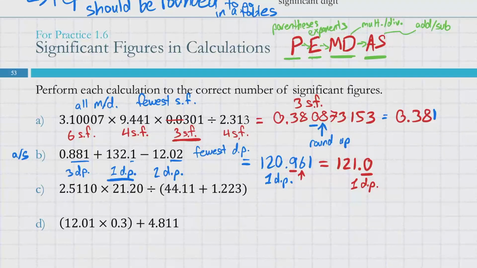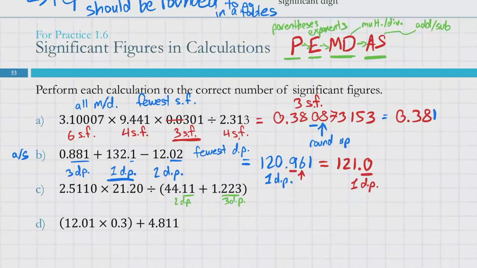Okay, so for C, we've got stuff that's in parentheses. We are going to do the stuff in parentheses first. What operation are we doing in our parentheses? Addition. We're doing addition. What's our rule for addition? Count decimals. Decimal places. So we've got 2 and 3 decimal places.